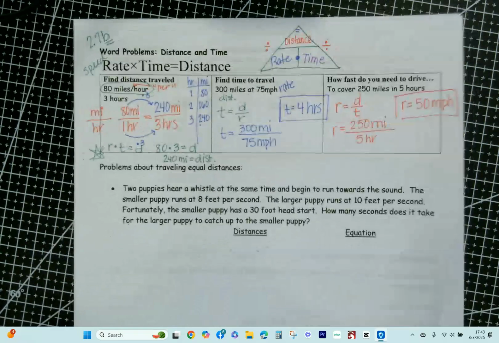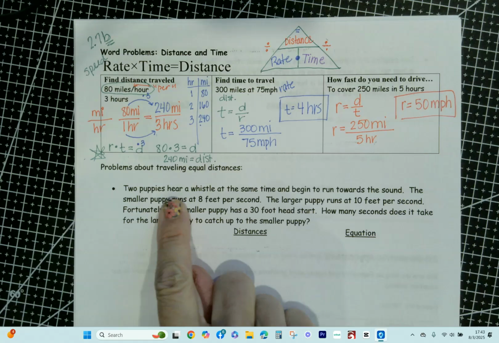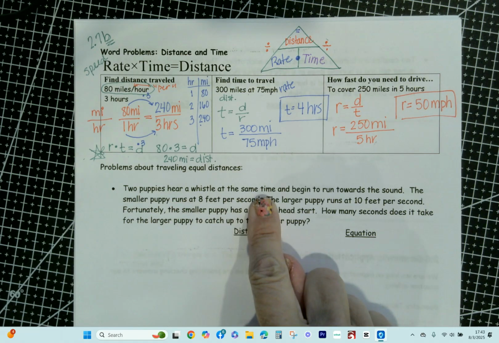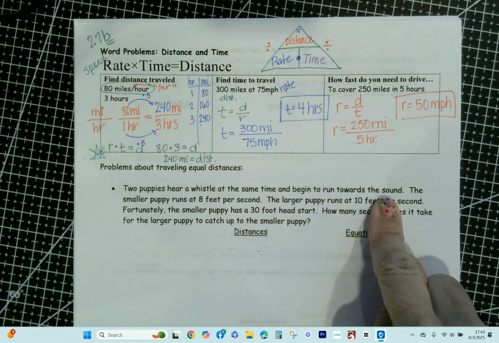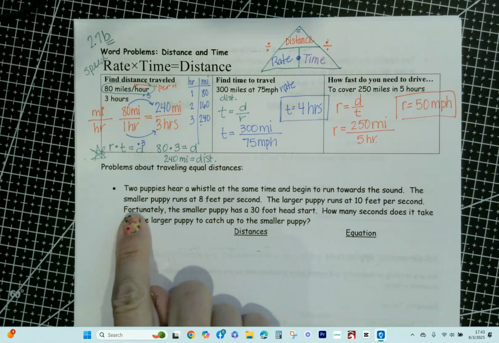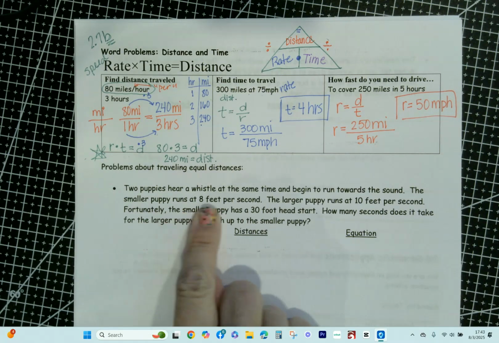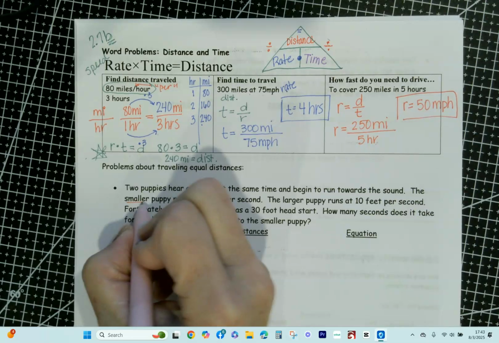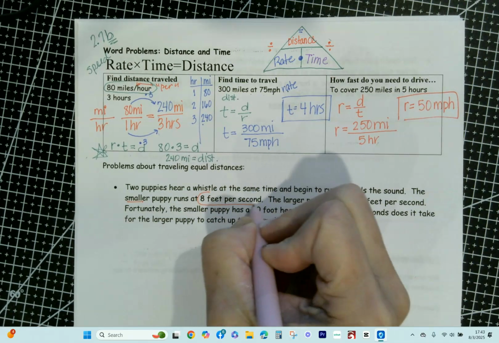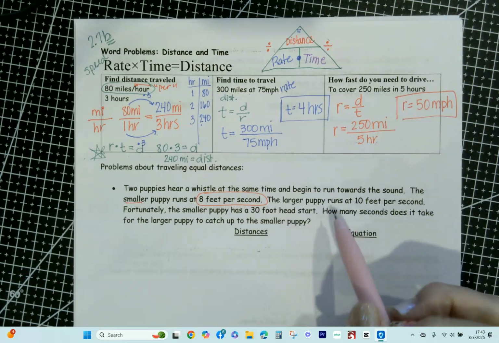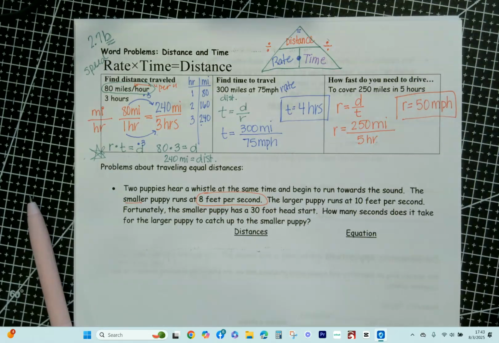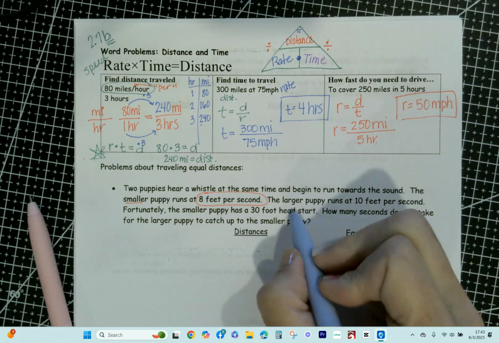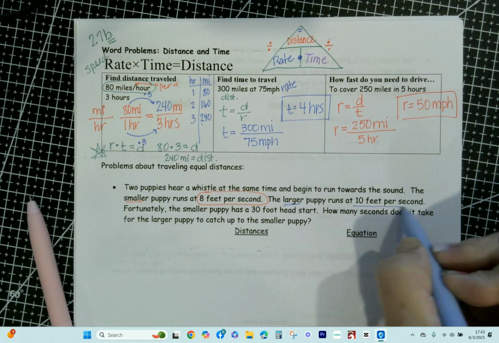Two puppies hear a whistle at the same time and begin to run towards the sound. The smaller puppy runs at 8 feet per second. The larger puppy is running 10 feet per second.